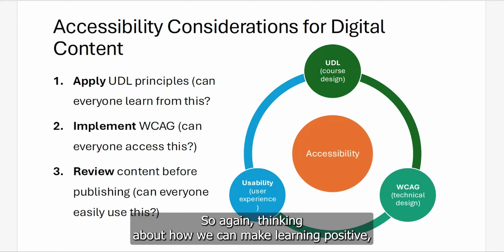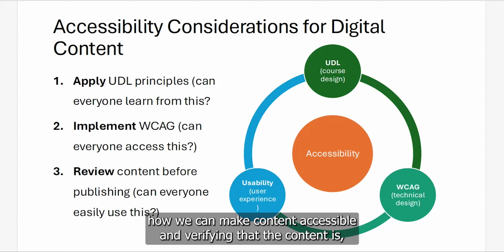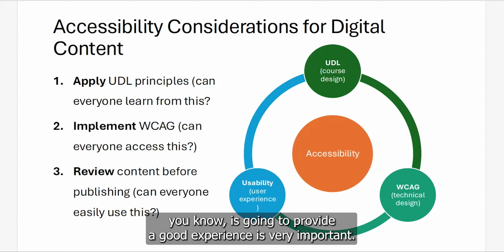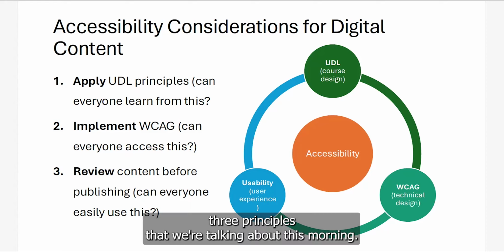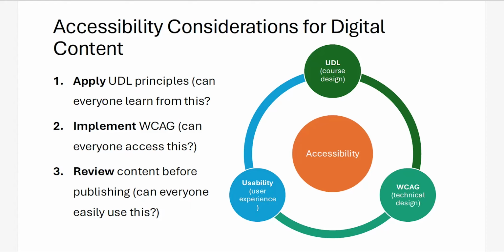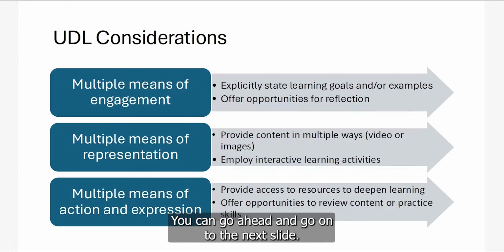So again, thinking about how we can make learning positive, how we can make content accessible, and verifying that the content is going to provide a good experience is very important. And the next couple of slides will go into different considerations for each of these three principles that we're talking about this morning. You can go ahead and go on to the next slide.